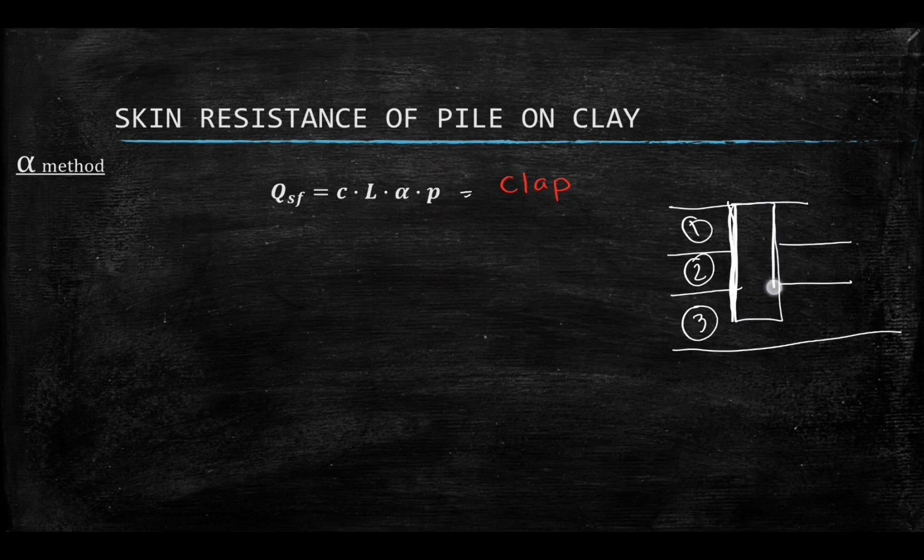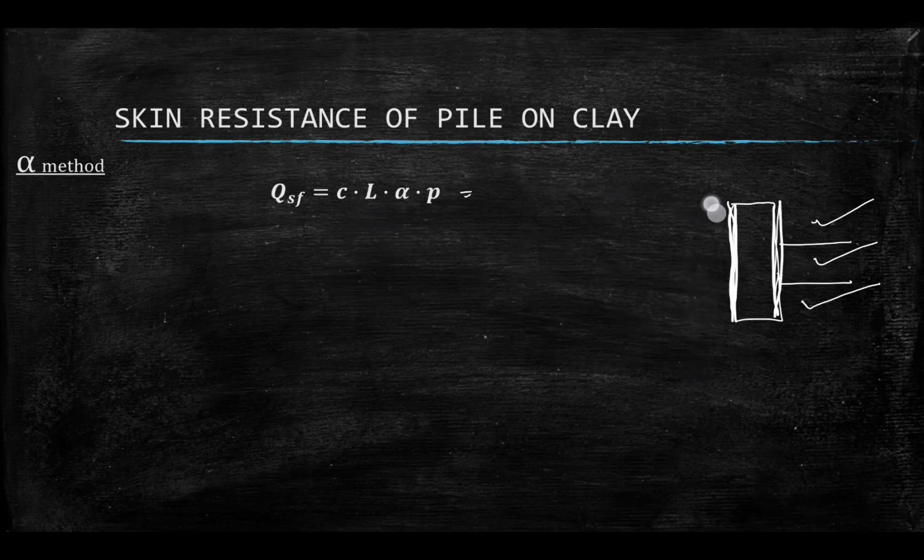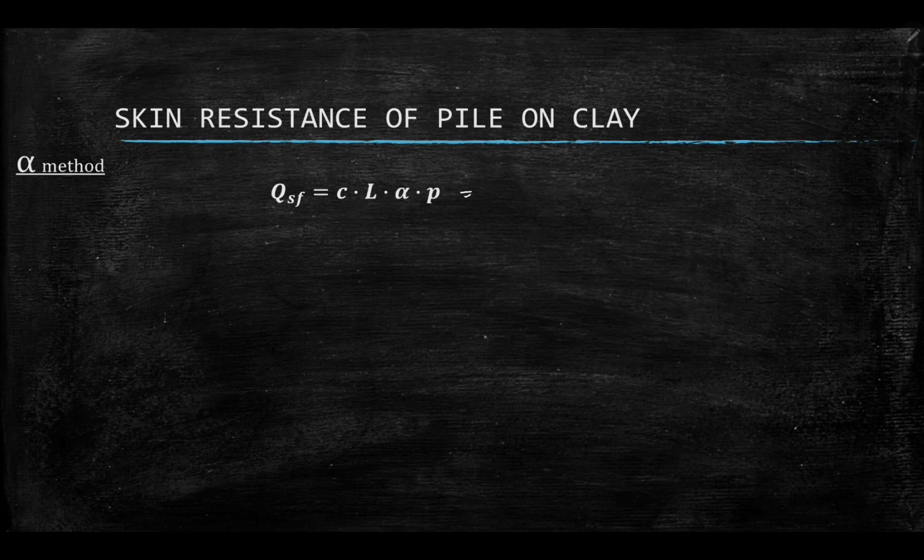Lahat is makukuha kapag several layers of clay. Kapag ganon, we can solve this skin friction lang naman if we take the summation of clap. So, meron tayong skin friction sa soil layer 1, skin friction sa soil layer 2, and skin friction sa layer 3. So, kapag alpha method, ang gagamitin nyo lang is clap. Okay, tandaan yan. Alpha method, clap.